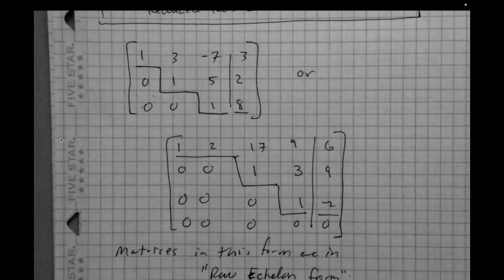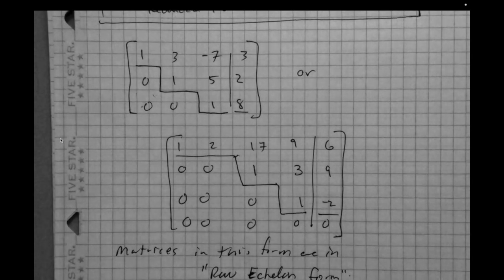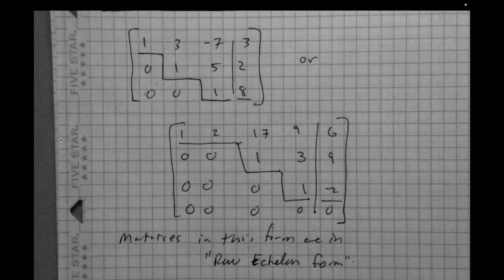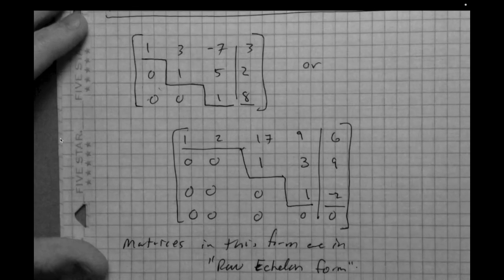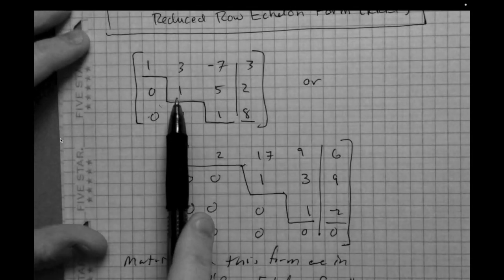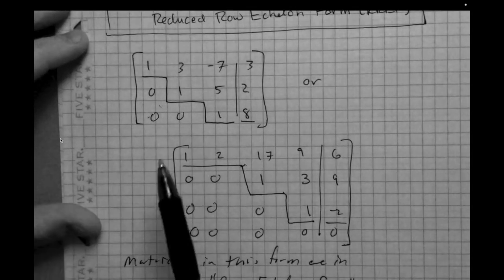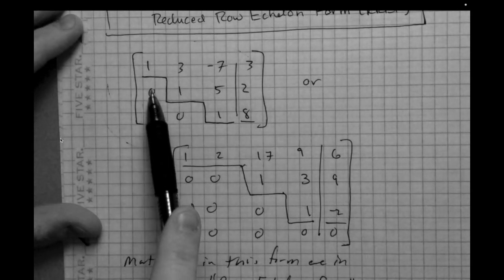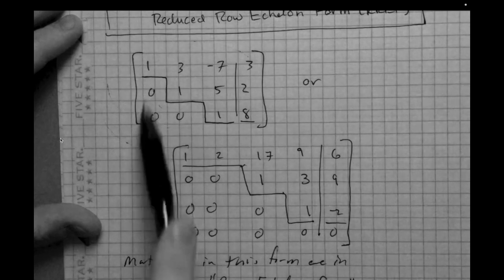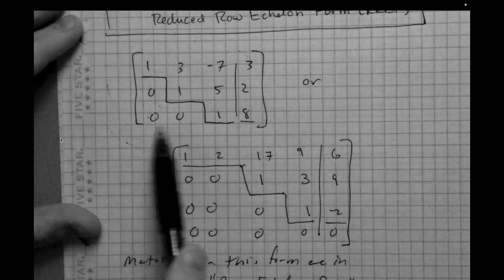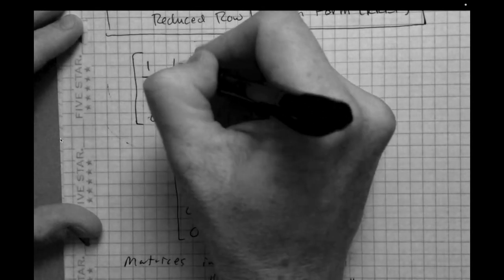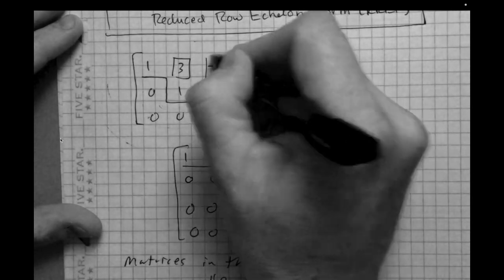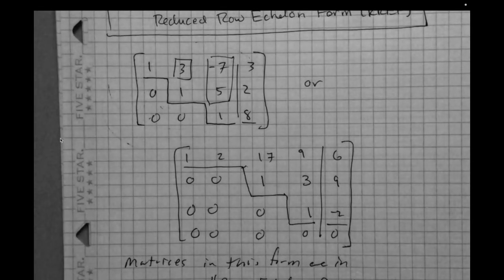Now, we can extend the Gaussian elimination. One obvious thing we could do is to also deal with the values above the pivots. Gaussian elimination says just create zeros beneath the pivots, but we could also come in and target the entries above the pivots and turn those into zeros.